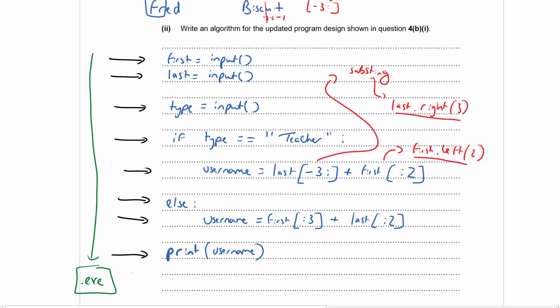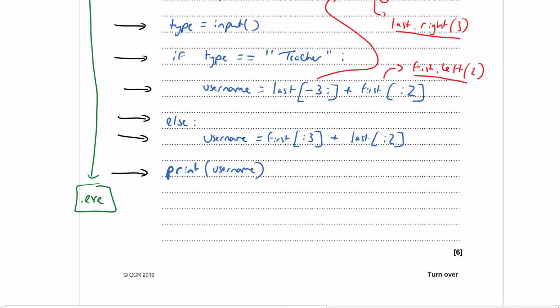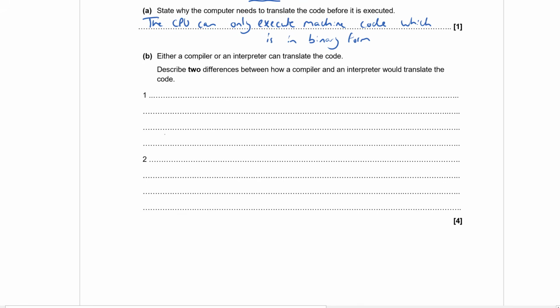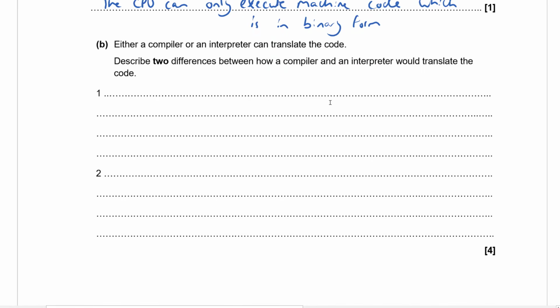It doesn't actually produce anything at the end which you can execute. So that's the key difference in terms of how they work. In terms of the result, if you wanted to hide your source code, you'd use a compiler because you just get left with a binary executable. With an interpreter, you have to actually send your source code along with your translator. But the question mentions how they work, not the end result or the use of it in real life. So let's write up what I just said.